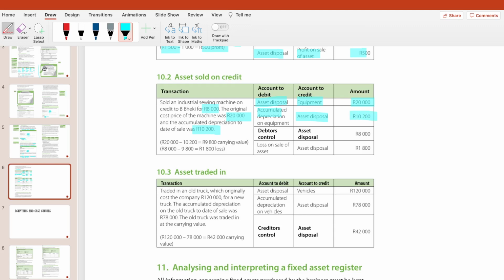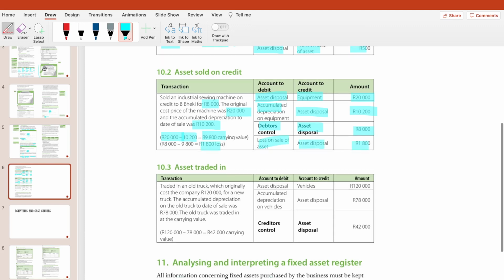Then we sold it on credit, so we debit our debtors control. We credit our asset disposal with the 8,000 Rand that we sold it for. We see here the original cost was 20,000, the depreciation was 10,200 and the carrying value is 9,800. So we made a loss of 1,800. We debit our loss on sale, and we credit our asset disposal with 1,800.